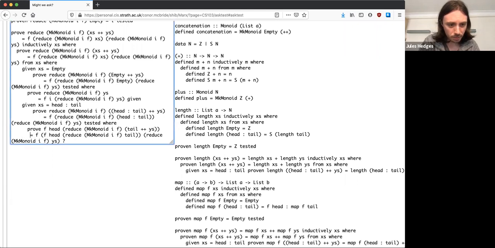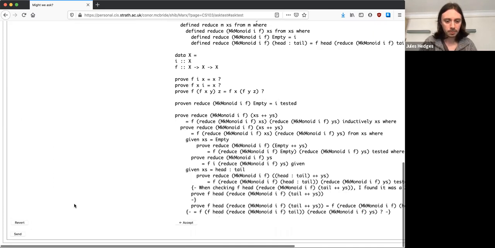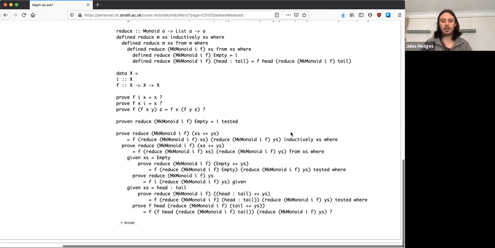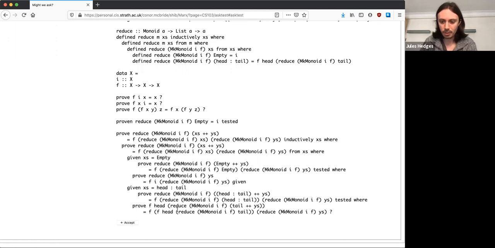Yeah, indentation, that should be there. Yes, okay. So even though I've changed the thing which Ask told me to prove by simplifying one side of the equation by hand, Ask still accepts that as a valid goal in this situation to complete the proof.